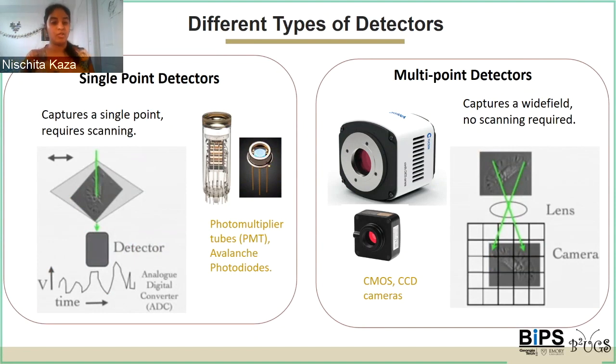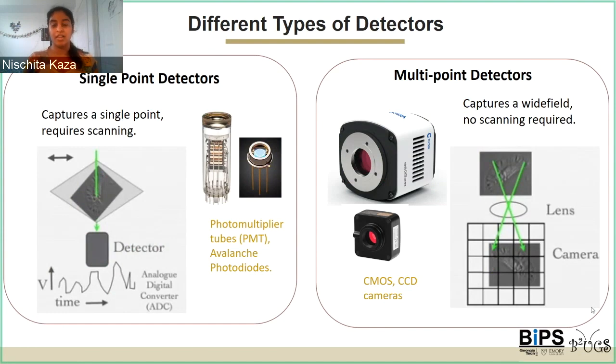You could do this either by moving the sample itself or by moving your light beam to be able to reconstruct a 2D field of view. Common examples of this are photomultiplier tubes or avalanche photodiodes, where it's almost like you're counting the number of photons at each point. These are commonly used in fluorescence microscopy.